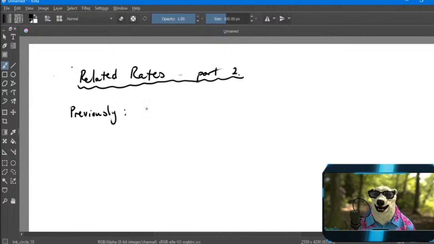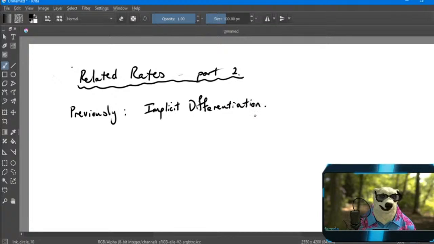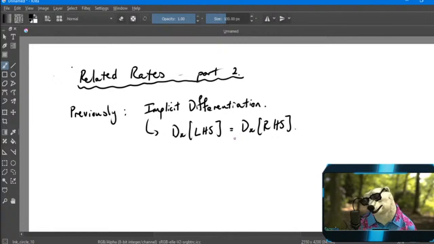That we do by what we call implicit differentiation, where I simply take the derivative of the left-hand side of the equation and the derivative of the right-hand side of the equation, and they have to be equal to each other as well.